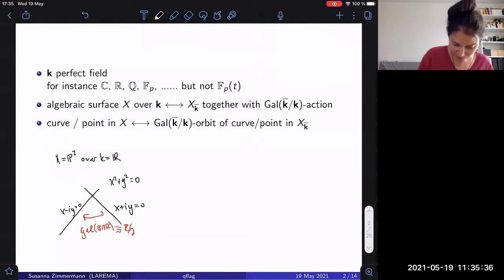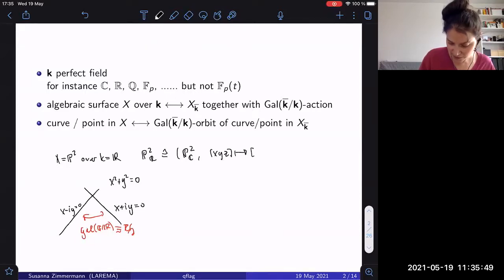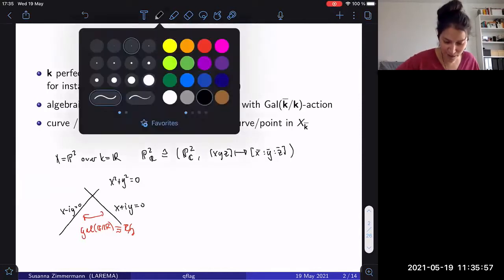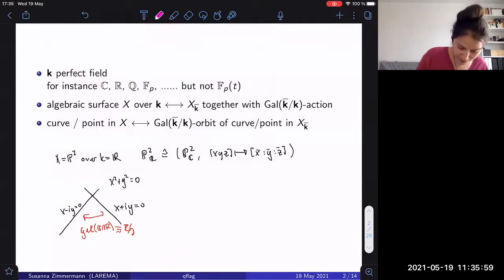So this is P^2 over R. For me, this is the same thing as saying I'm looking at P^2 over C and sending (x, y, z) to (x bar, y bar, z bar), where the bar is the complex conjugation. On this curve, we have the point (0, 0, 1), that is a rational point, fixed by the Galois action.